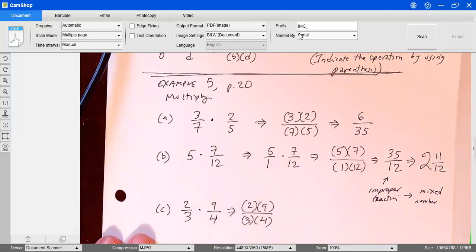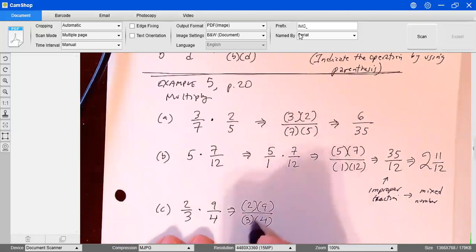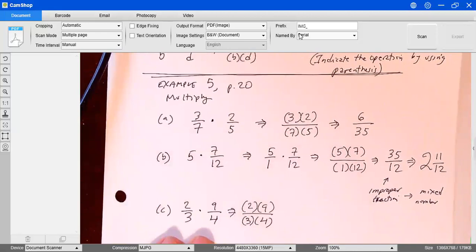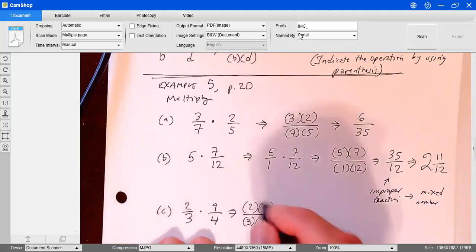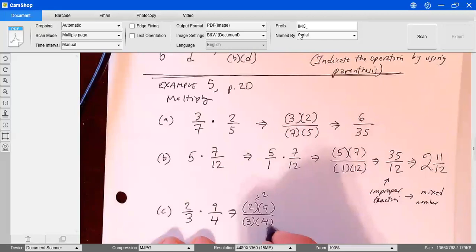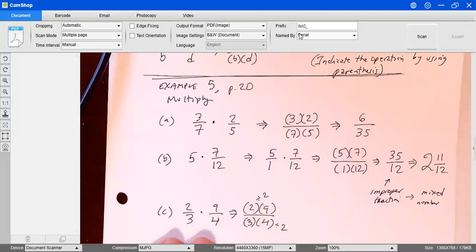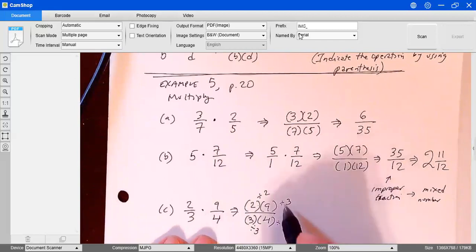Now you can see that 9 and 3 have a common factor, and 2 and 4, they also have a common factor. So let's do that. 2 can be divided by 2, and 4 can be divided by 2. So both the numerator and the denominator are divided by the same number. And also 9 can be divided by 3, and 3 can be divided by 3 too.